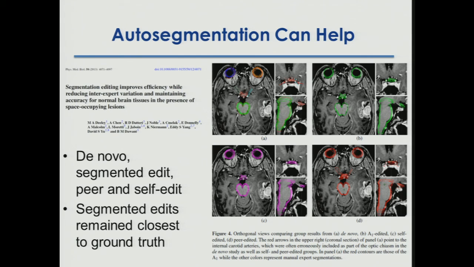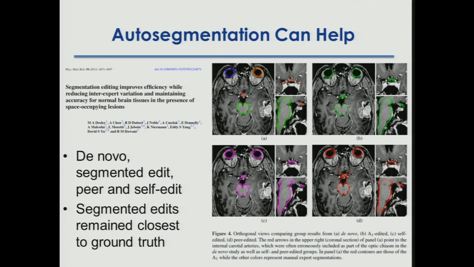We have some tools that can help us. Autosegmentation is the keyword here. This is a very interesting paper that let physicians contour these cases de novo, like the standard expert user papers, and then they threw in a little kick, and I thought this was quite ingenious. They had their software auto-contour anatomical targets based on a contouring atlas, and then they told physicians to modify the contour as they saw fit.